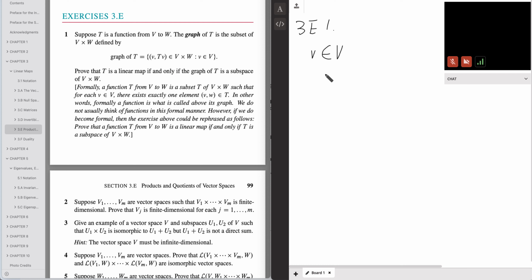Right, so if you have some arbitrary point, let's say (v, w), which is in the graph of T, then by definition of the linear map based on the graph, T of v equals w.